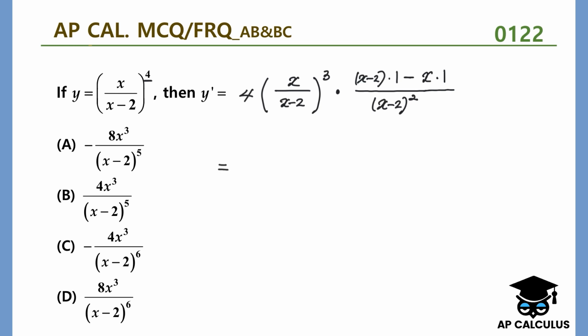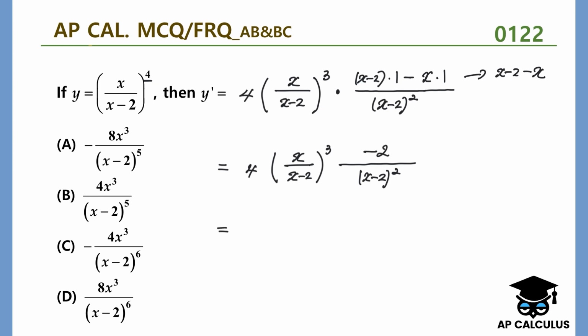So that's going to be equal to 4 times (x over x minus 2) to the power of 3. Here we have (x minus 2) squared. Numerator, we have x minus 2, x minus 2 minus x. That's negative 2, right? So 4 times negative 2, that's negative 8.